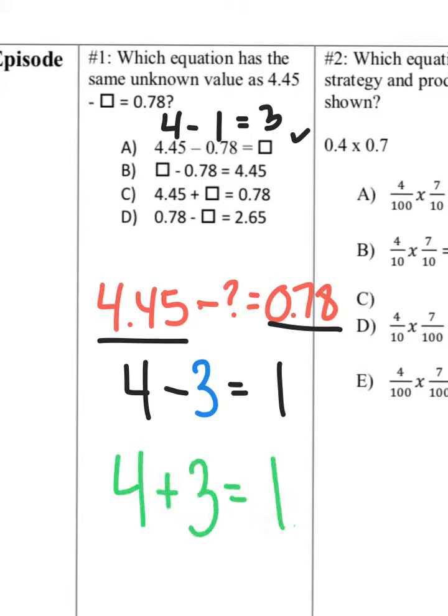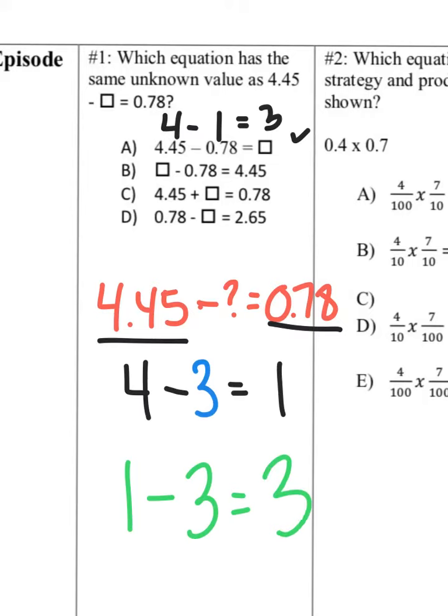And that does not make sense. So as you can tell, as long as you round up your numbers and you just estimate, you can put this in and you'll find the one that works. D would be 1 minus square, which is 3, equals 2.65. That one doesn't make sense at all because there's no 2.65 in the beginning anyways. So A is the correct answer.